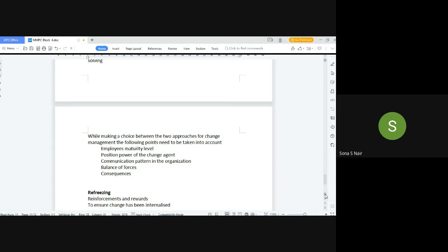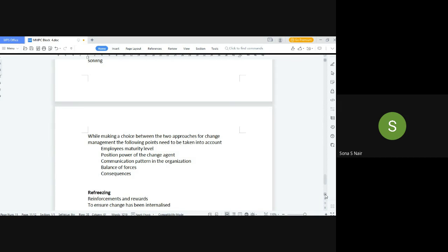Because you do not want to create conflicts, you do not want to create situations where there are open confrontations of some sort. So all people in the organization who are change agents would need to understand how to go about handling different people in the organization.